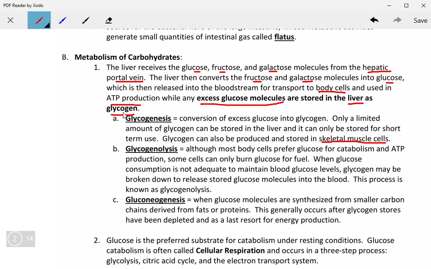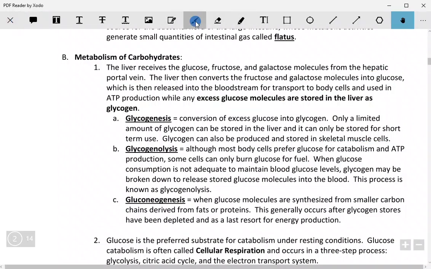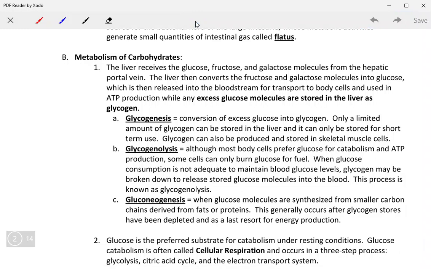But the primary organs that will store glycogen, are you following me? It's going to be the liver and the skeletal muscles. So don't forget that. Now what I'm going to show you here are different processes involved in the metabolism of carbohydrates. So make sure you know these terms, make sure you understand what they mean.